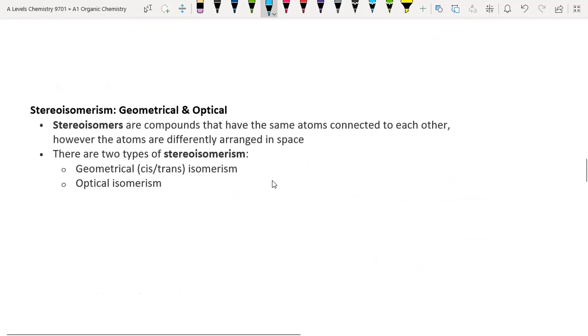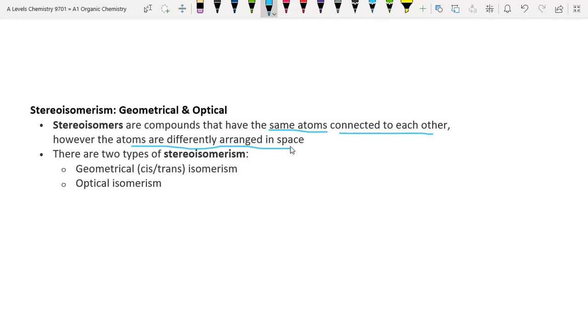What is stereoisomerism? Stereoisomers are the compounds that have the same atoms connected to each other. Atom connectivity is the same, but what is the difference? Atoms are arranged differently in space. Their space orientation is different.